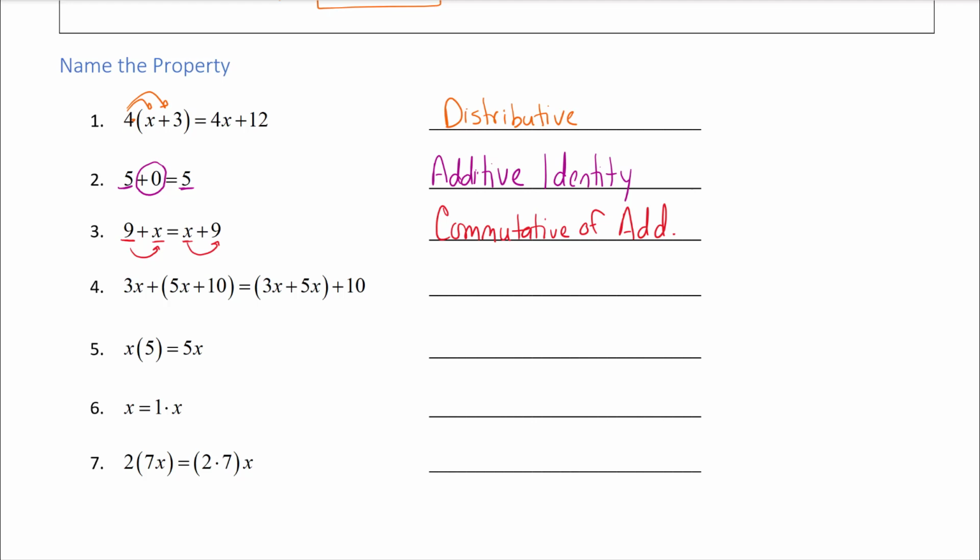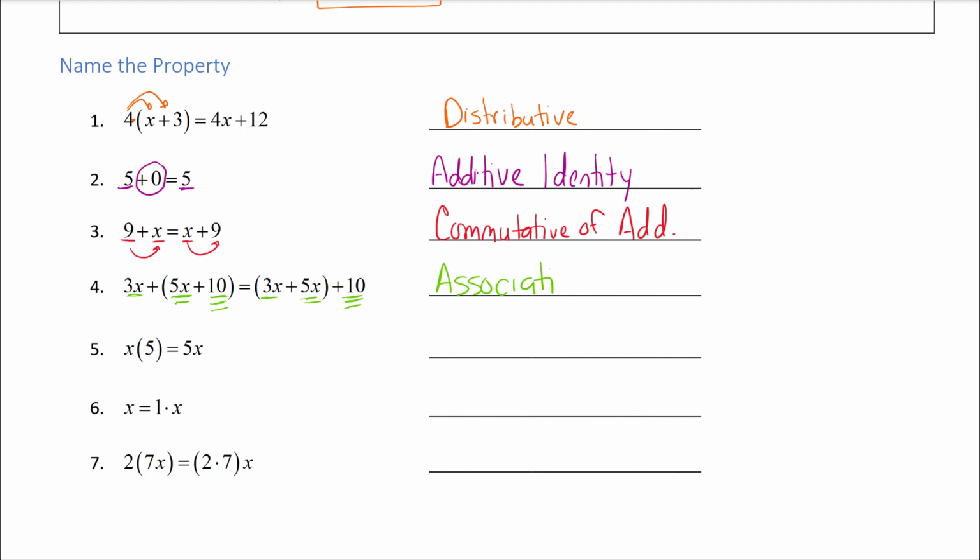Okay, next one. 3x plus parentheses 5x plus 10 equals parentheses 3x plus 5x plus 10. Notice that the 3x, the 5x, and the 10 are all in the same order, right? The only thing that's changing is the parentheses. That is an associative property.